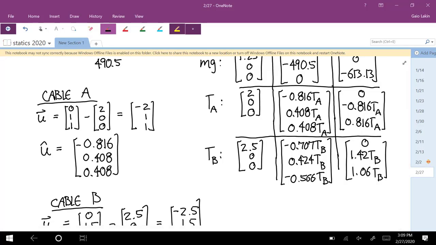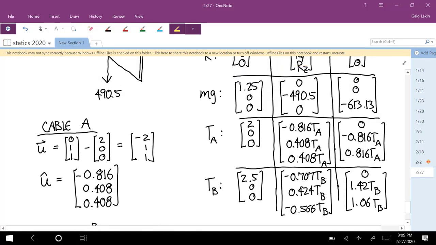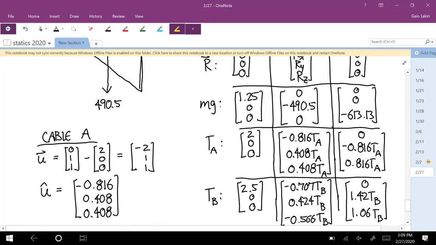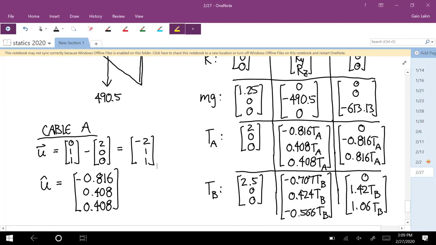Okay, so our six equations, 3 for forces and 3 for moments, are going to be: we add up all the x components of forces and set it equal to 0, add up all the y components of forces, set it equal to 0, and z components. And then we'll do the same thing with each component of the moment.